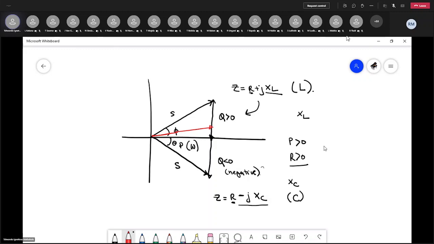We want this Q to come to this new Q, so this angle will be reduced. Once you do this, you have a higher power factor because this positive Q would have been minimized by this negative Q. That's power factor correction, and I've explained that already. So this is how you draw them.